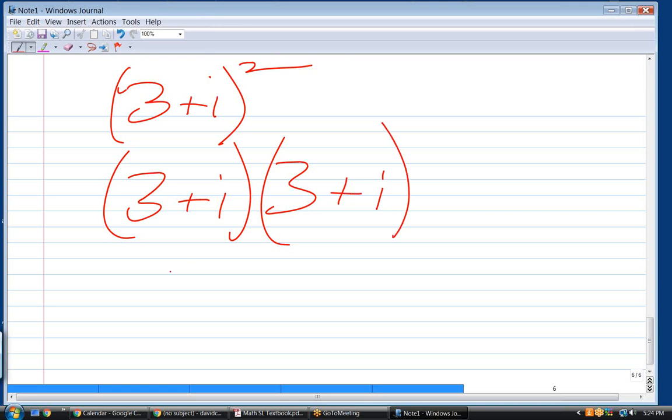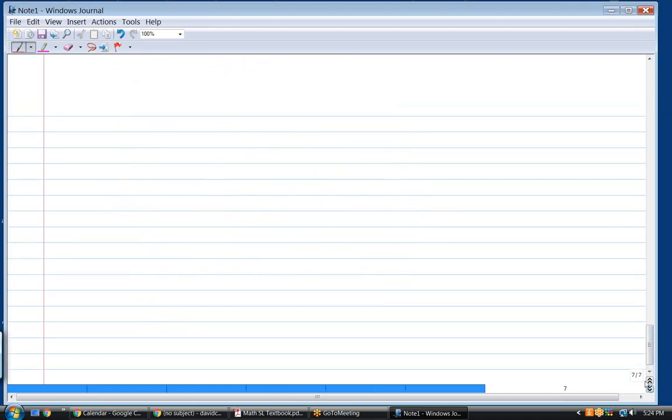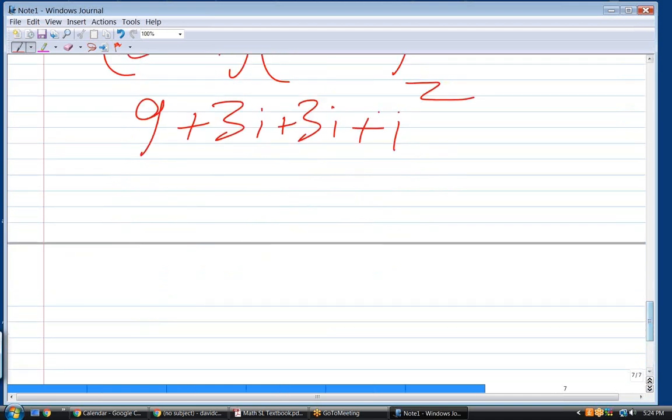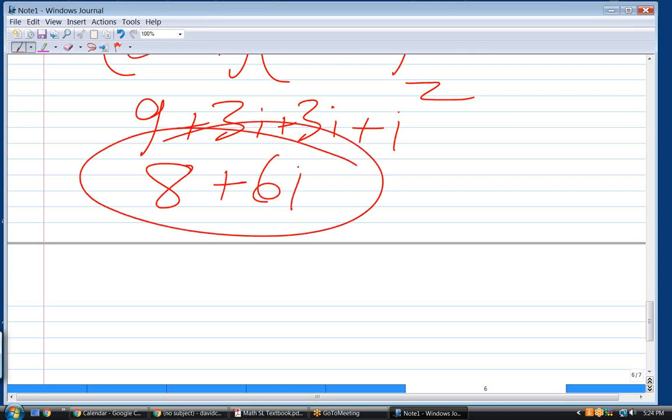So let's do it. FOIL it. 9 plus 3I plus 3I plus I squared. Simplify it. So then that would be a negative 1. So then it would be 8 plus 6I. That's your answer.